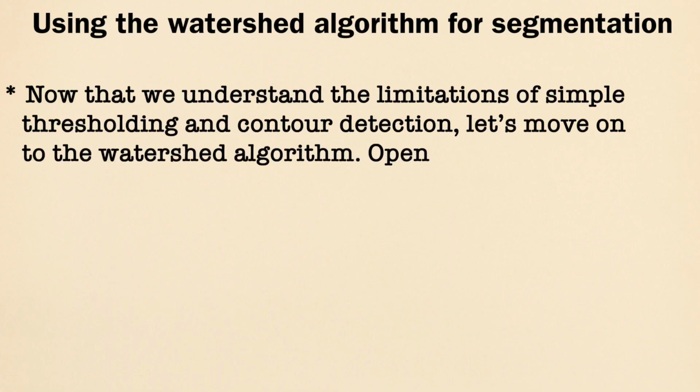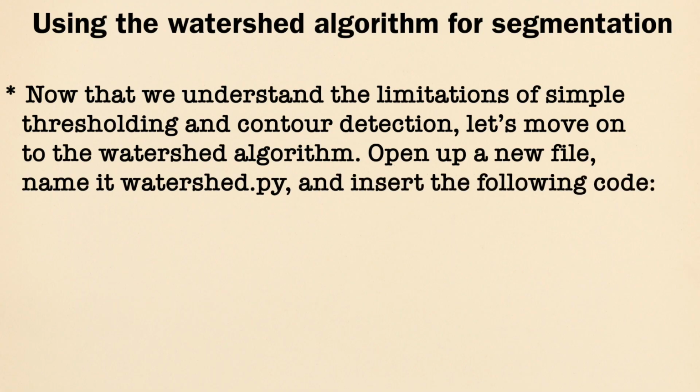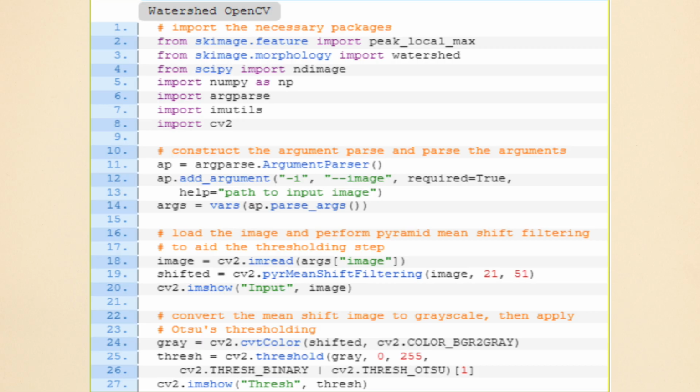Now that we understand the limitations of simple thresholding and contour detection, let's move on to the watershed algorithm. Open up a new file and name it watershed.py, because we are performing the watershed algorithm for this image, and insert the following code.